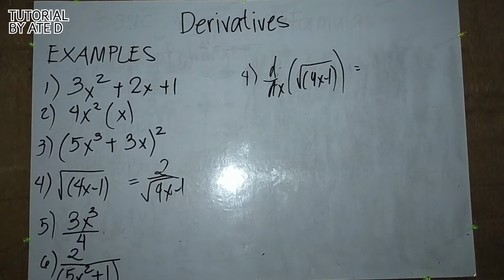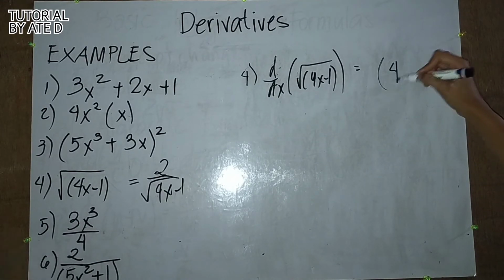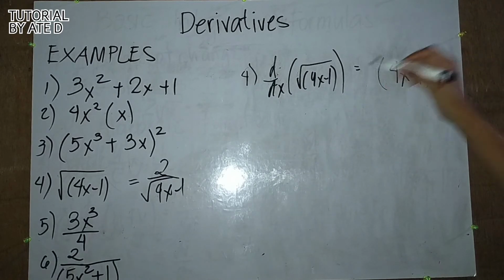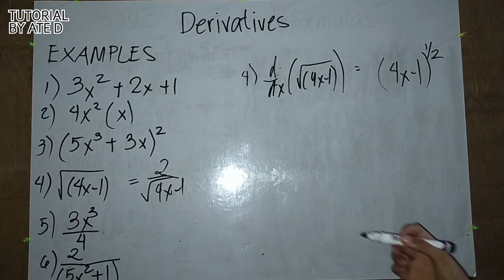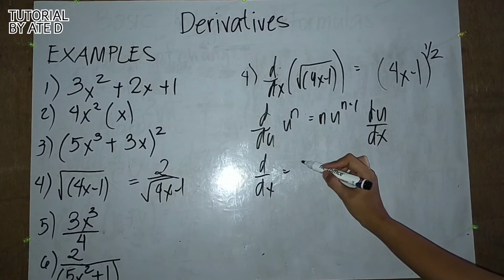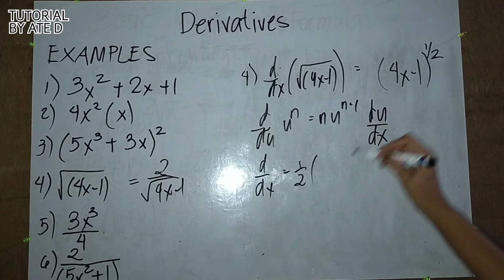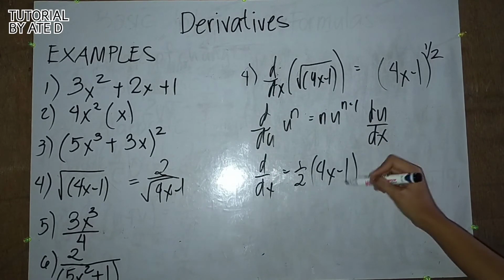So, ang gagawin naman natin ngayon dito ay i-convert sa ganitong style. So, ngayon, pwede na natin gamitin yung fifth formula, which is, ayan, exponent is 1/2 multiplied kung ano yung nasa loob, 4x minus 1.